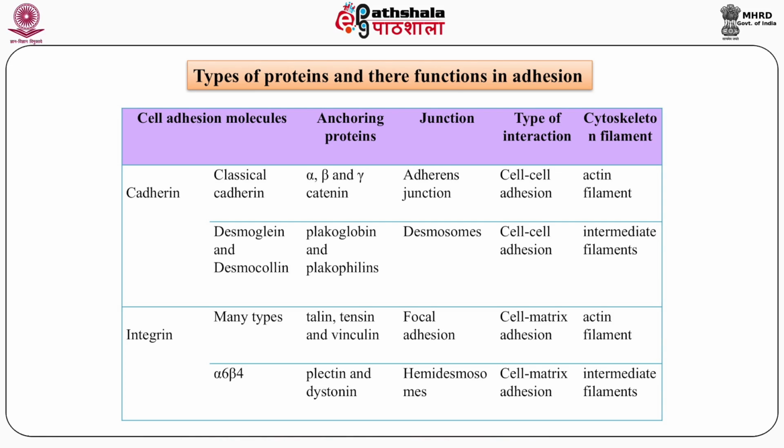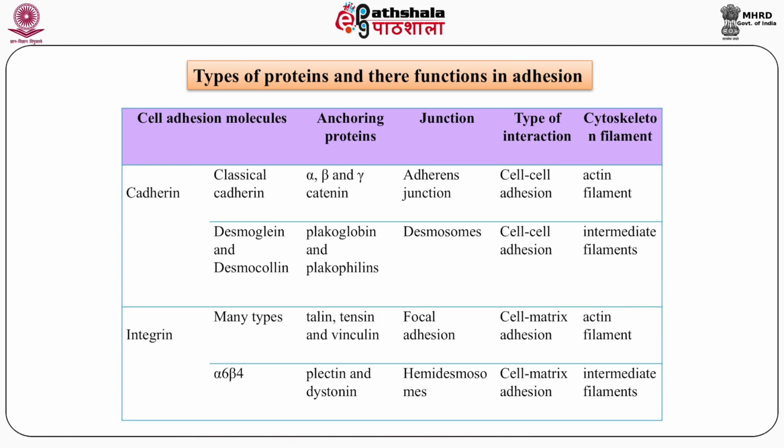And if you talk about the alpha 6 beta 4 cell adhesion molecule, it requires plectin and dystonin anchoring proteins, which are present in hemidesmosomes and required for cell to matrix adhesion, and for these molecules intermediate filaments are required as the cytoskeletal filament.